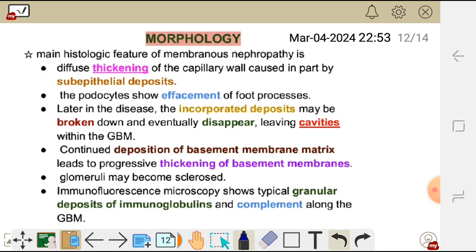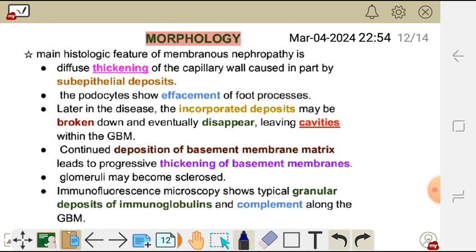Okay, so what will be observed here is that the main histologic feature of membranous nephropathy is diffuse thickening of the capillary wall. So the capillary wall will be thickened. Okay, that is because of these subepithelial deposits.